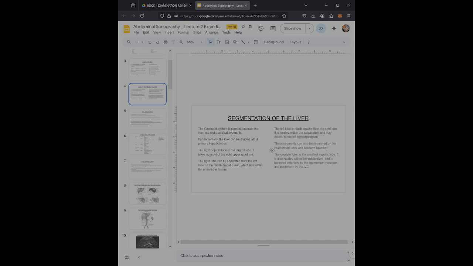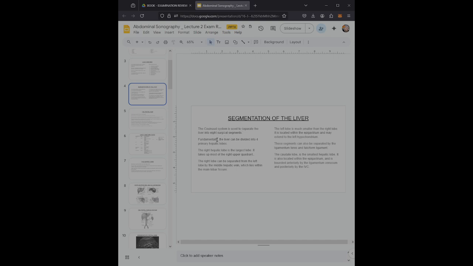It is very easy to standardize location of hepatic masses, and once they're standardized, surgeons can then go on and section these out. So the Couinaud system is used to separate the liver into 8 surgical segments.